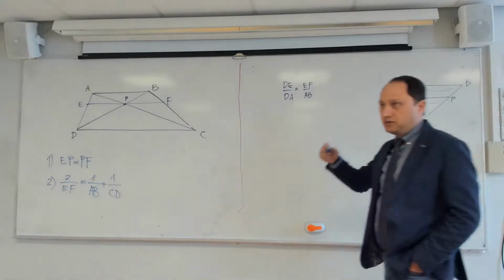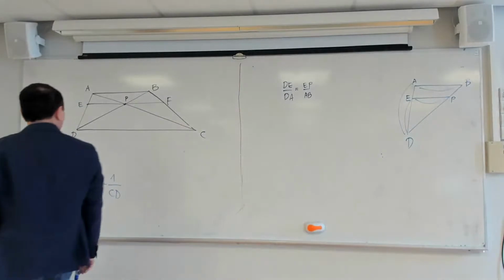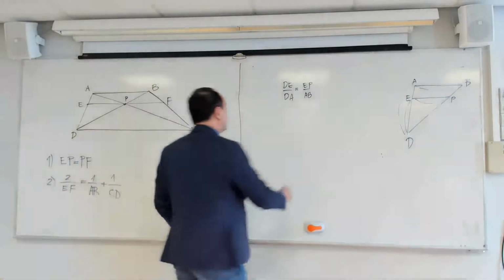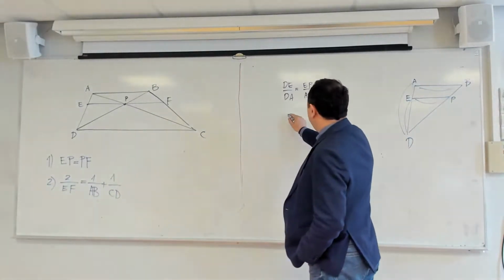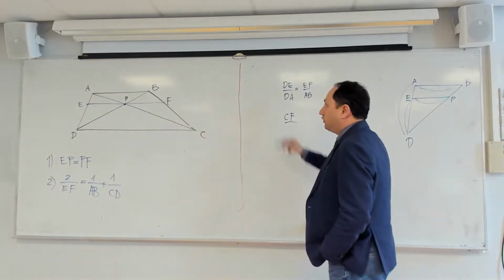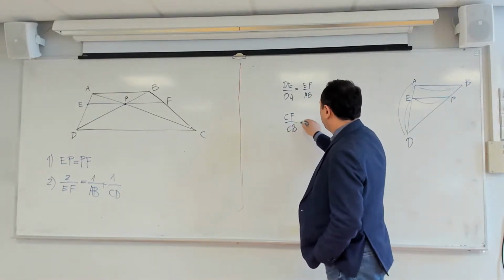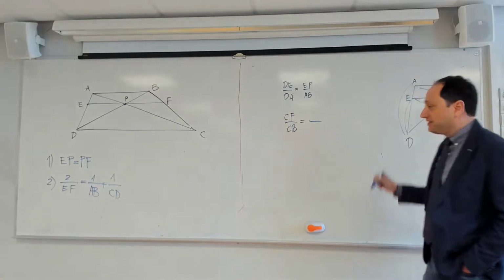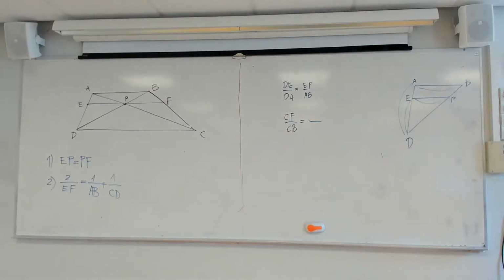This is possible, yes? Okay, now let me write something similar for you. If I write CF over CB, now can you complete it for me here if you understood the previous one? FP, yes? And BP. No, be careful.